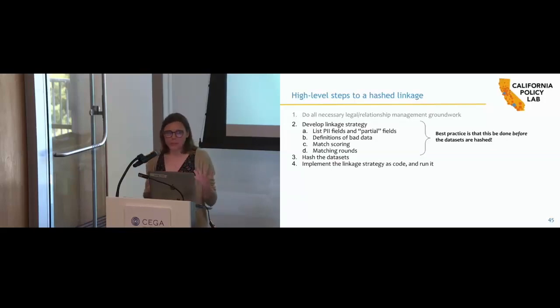And it's important to be thinking about all of this before you actually hash the data, because you'll need to know what partial fields you want to be using ahead of actually hashing. And then once you have your strategy, you can implement the code and run that.